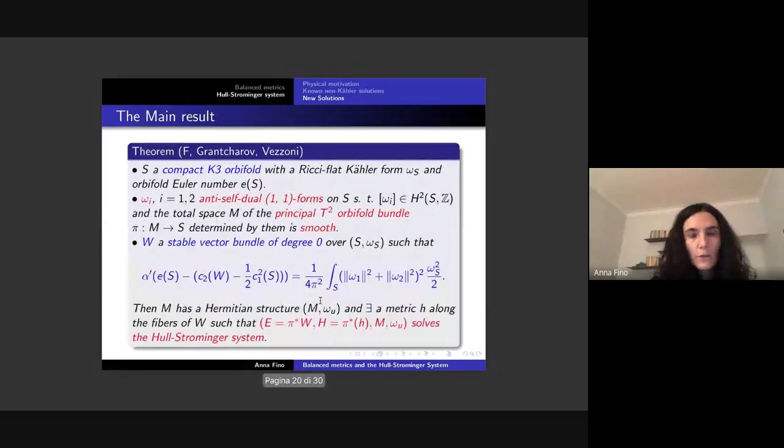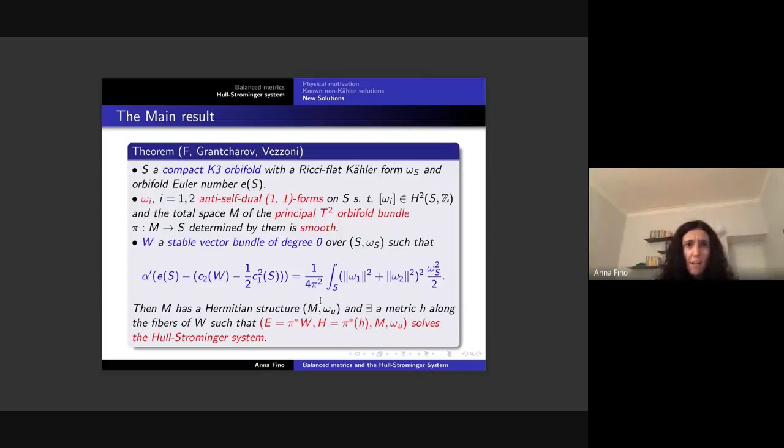And now let's go to the main result of the construction that I want to give. So we show the following with Grantcharov and Vezzoni. Let's take S, a compact K3 orbifold, let's denote by omega S its Kähler form, and by e_S the orbifold Euler number.